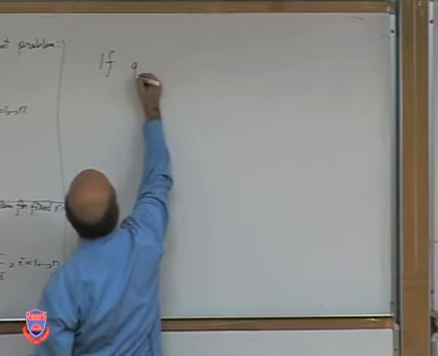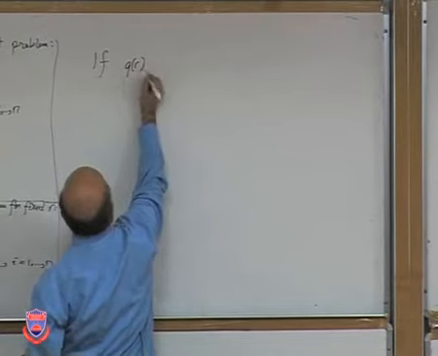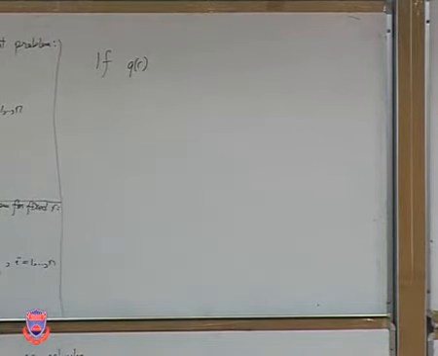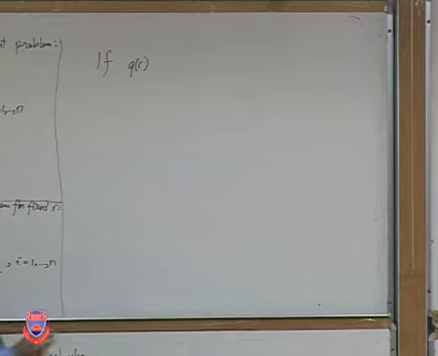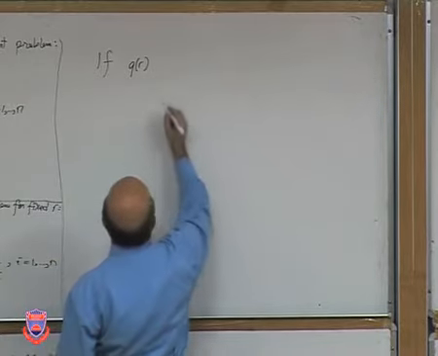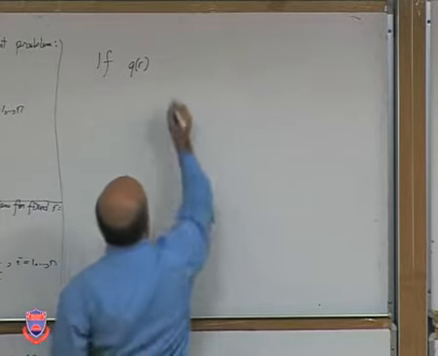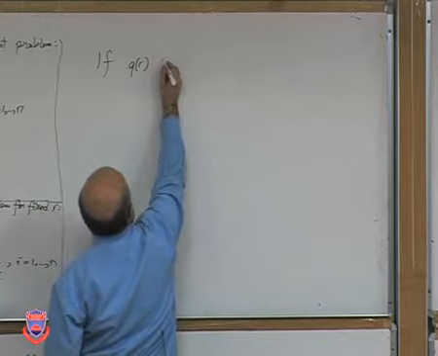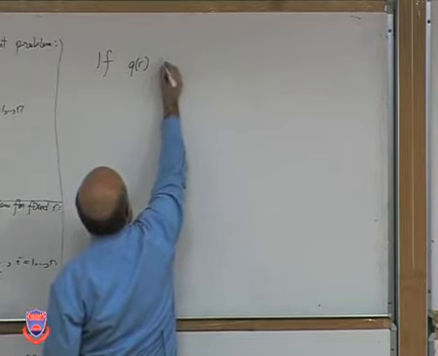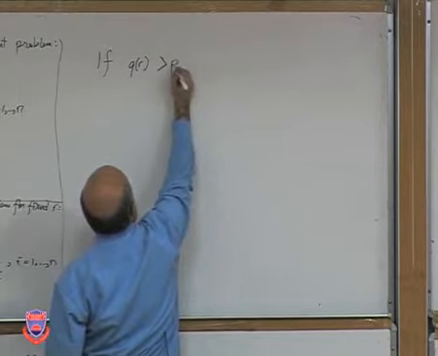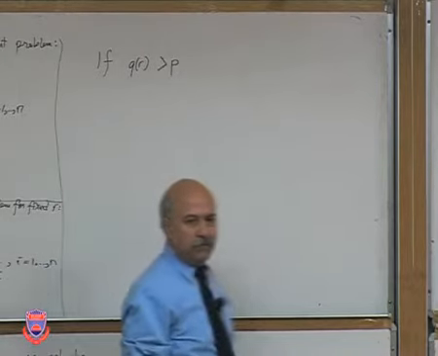So when I solve the covering problem, if Q of R, an integer, happens to be greater than P, then what do I know?